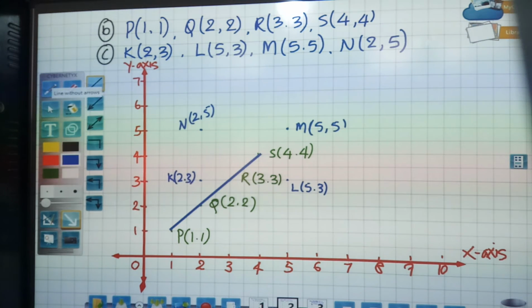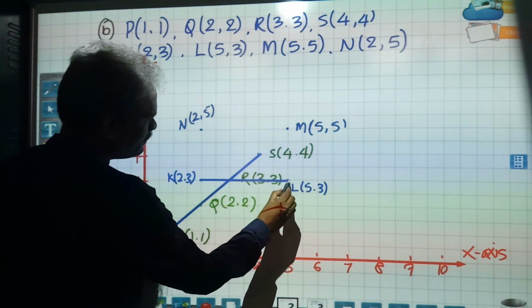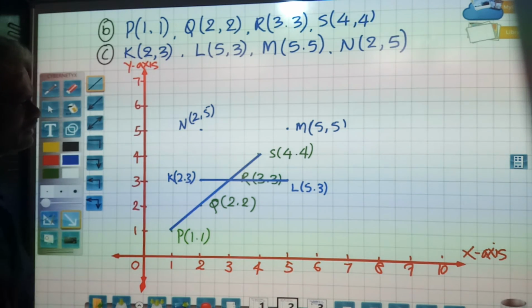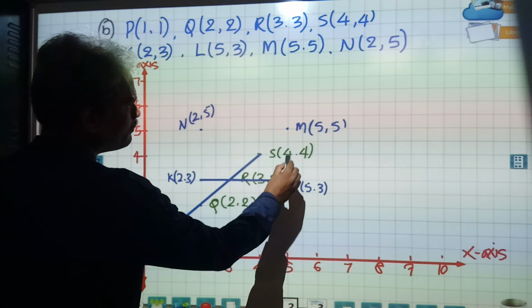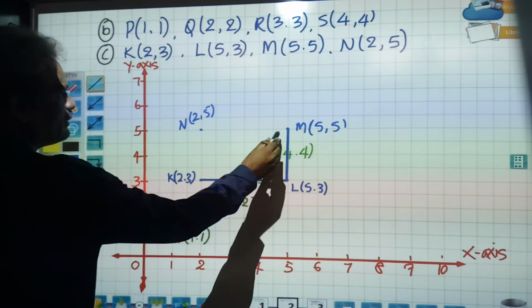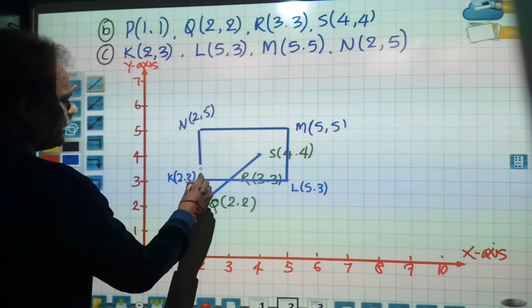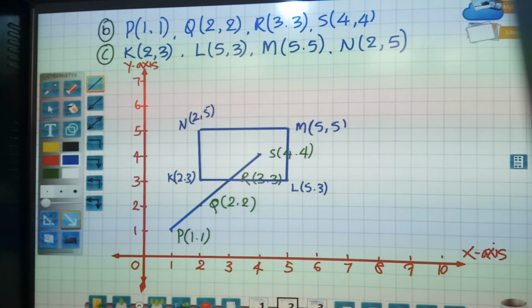First, from K to L, you can see one box here, a line. Then L to M. Then M and N you can join, then N and K you can join. You will not get a straight line.